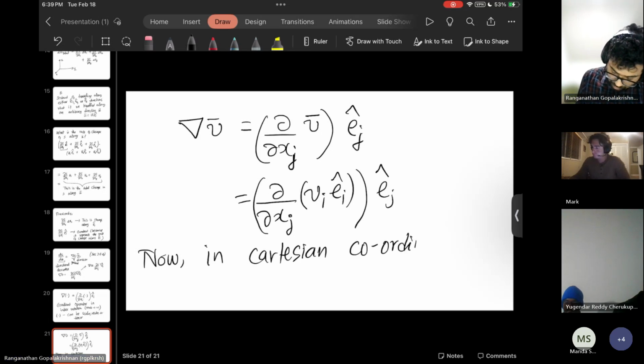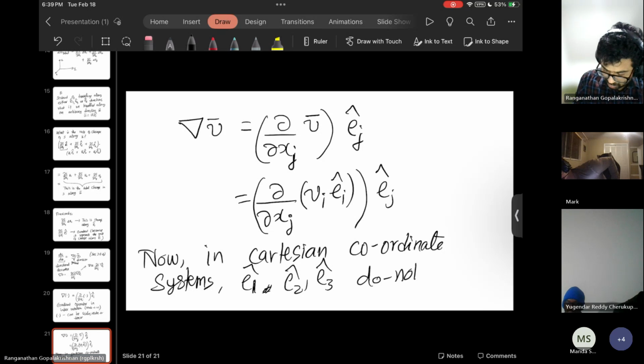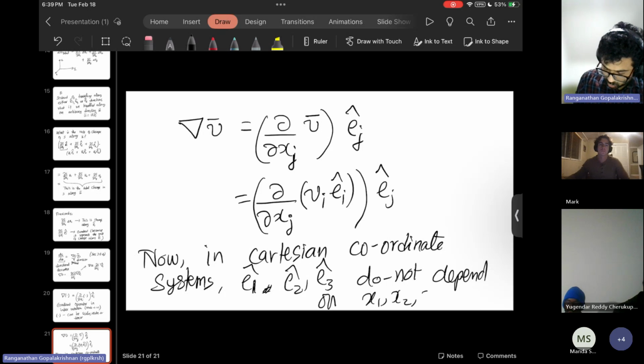in Cartesian coordinate systems, ei, that is E1, E2, E3, do not depend on x1, x2, x3.